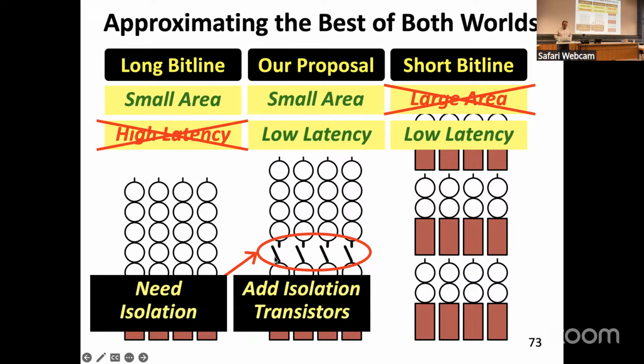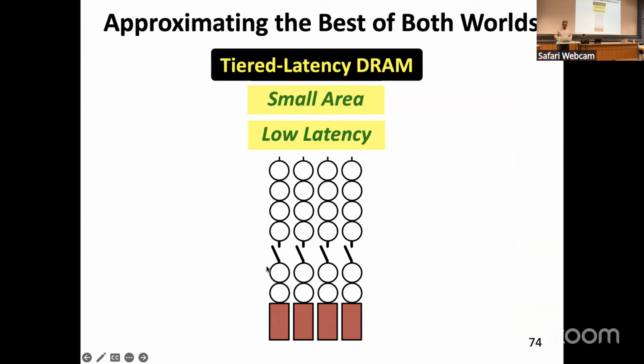So if you successfully put your data in this region of your subarray, and you deactivate these switches, meaning that you isolate the bitline from the upper part, your bitline is going to be shorter. So you're going to experience much lower capacitance, and you're going to have better performance.